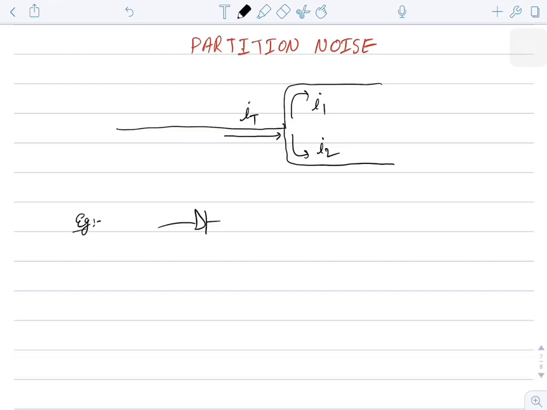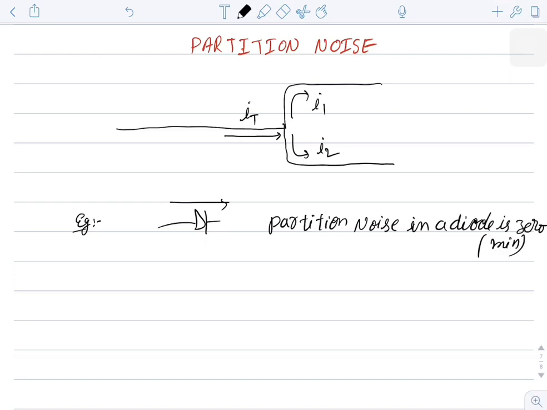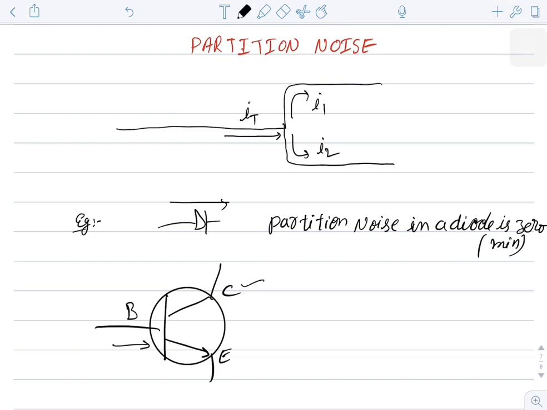For example, if you take a diode, it will have only one conducting path. That means the partition noise in a diode is 0 or minimum. If you take a transistor, let us say the transistor is in common emitter configuration, the current which is available at the base is amplified at the collector. During this process, the current at the base node is divided between collector as well as emitter.